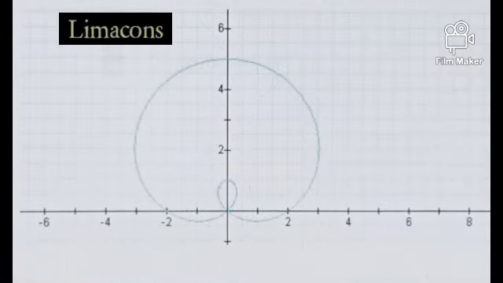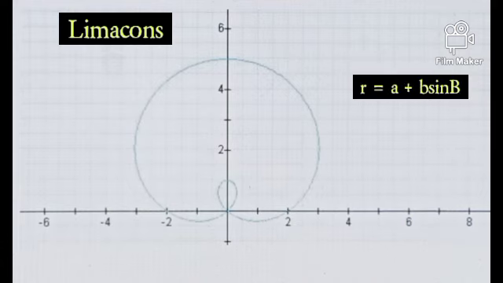Another set of graphs of polar equations is known as the set of limacons. Polar equations of the following forms have limacons as graphs. The polar equation r = a + b sin θ is a limacon.